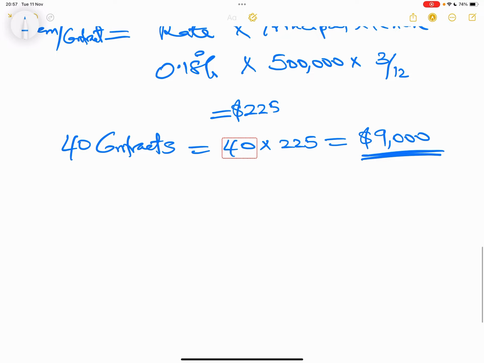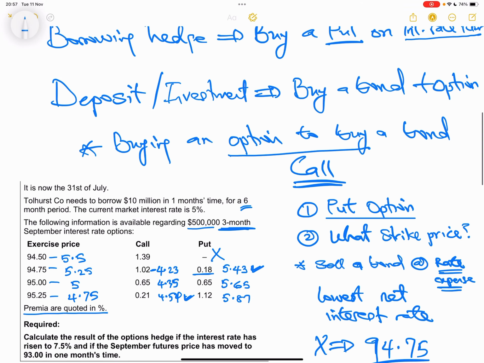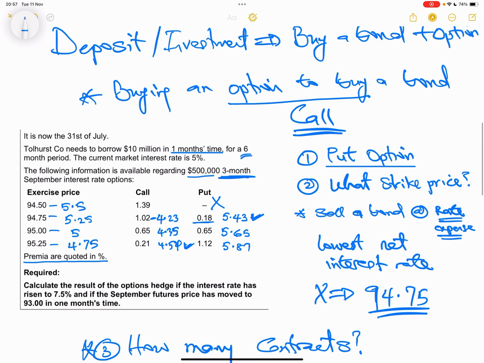Now, once we pay this premium, the next thing is for us to wait until the transaction date, which will be in a month's time, because that's when we know whether we're going to exercise or not. So we need to check whether the market has moved against us or in our favor.